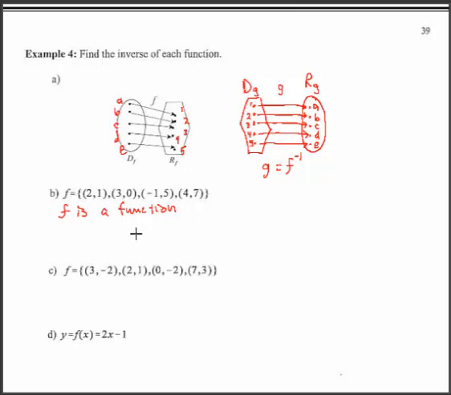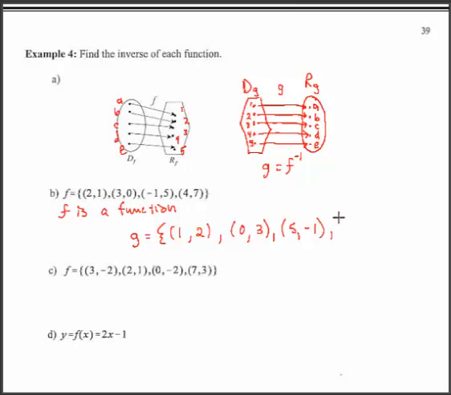And to write the converse, and I'll call it G, we just simply start switching the input and output, the ordered pairs. So instead of 2, 1, I will have 1, 2. Instead of 3, 0, I will have 0, 3. The third ordered pair would now become 5, -1.